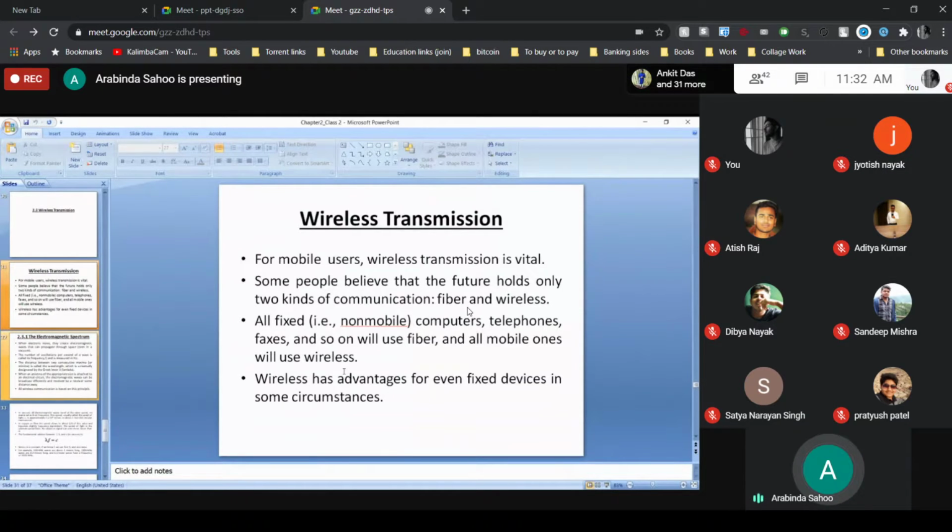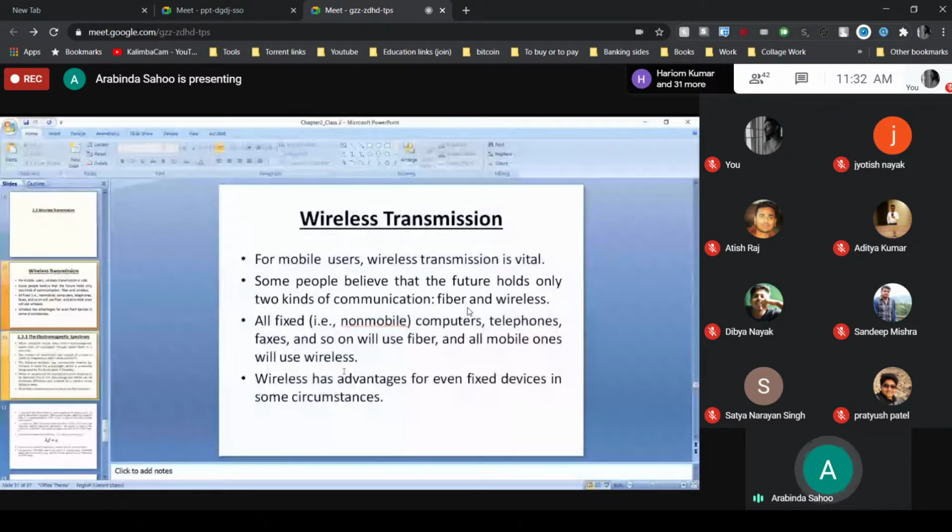In some cases, fixed devices also need wireless communication or wireless transmission. Suppose there are two buildings and it is not physically possible to interconnect both buildings through any coaxial cable or fiber optic cable.